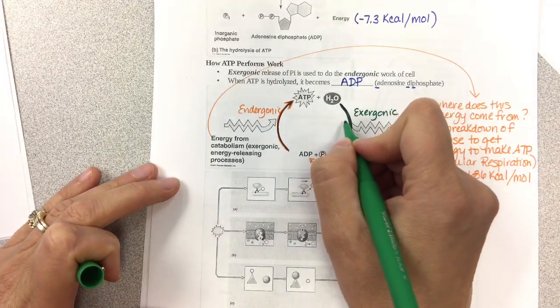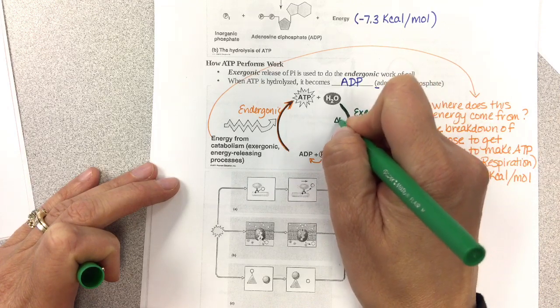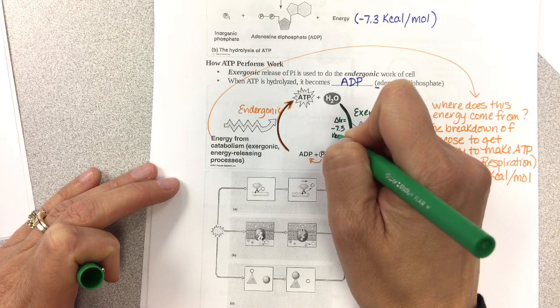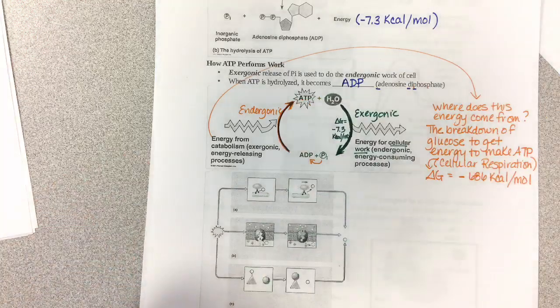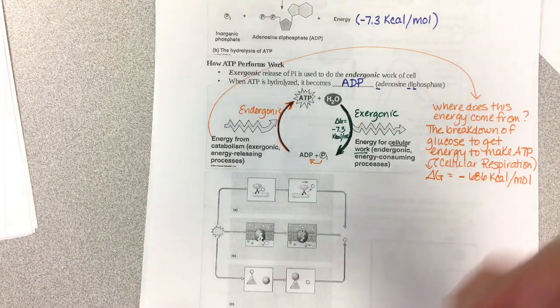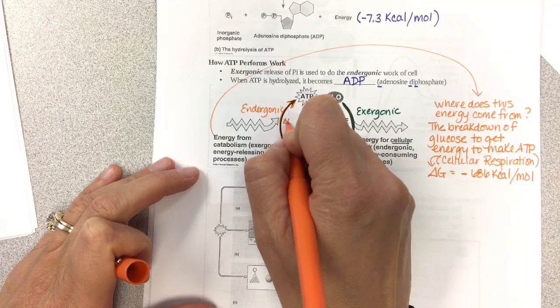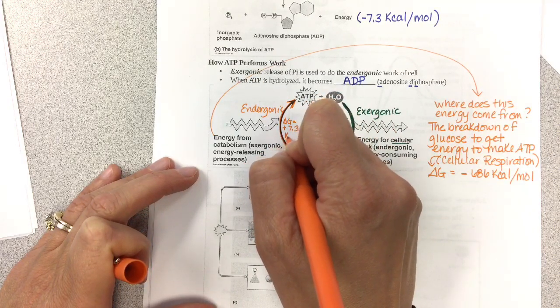So in this case here, the delta G is negative 7.3 kilocalories per mole. So if that's the case, how many kilocalories per mole do you think it takes to make ATP? It's the exact opposite. It's positive 7.3 kilocalories per mole.